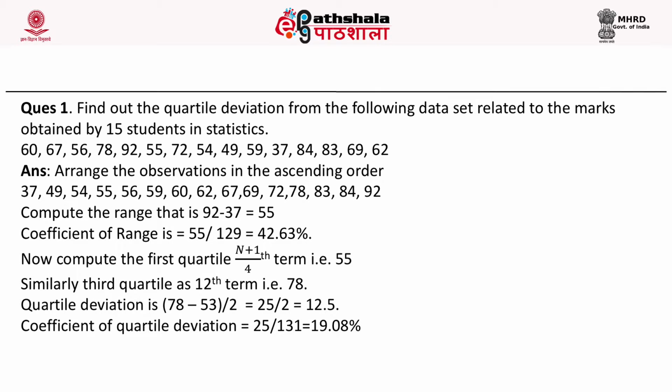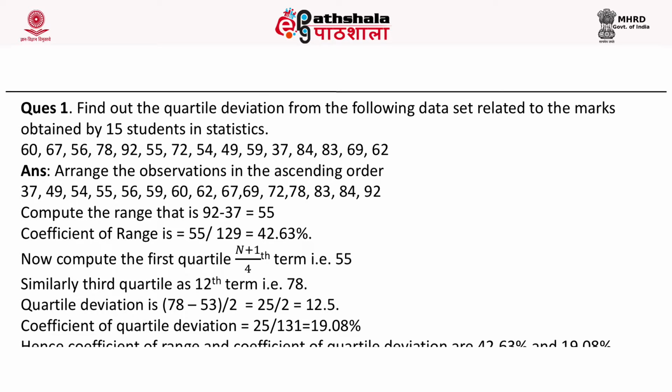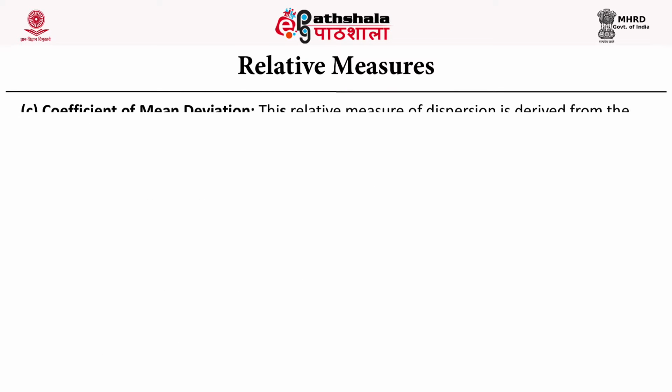The quartile deviation is derived from the data set as 78 minus 53 divided by 2, and after solving it we get 12.5. So the coefficient of quartile deviation comes out to be 19.08%. Hence, the coefficient of range and the coefficient of quartile deviation are 42.63% and 19.08% respectively.